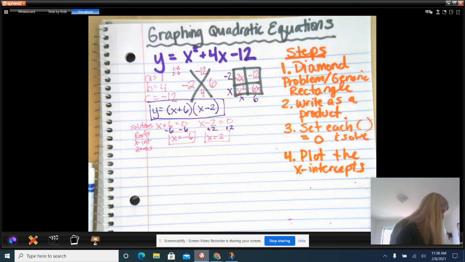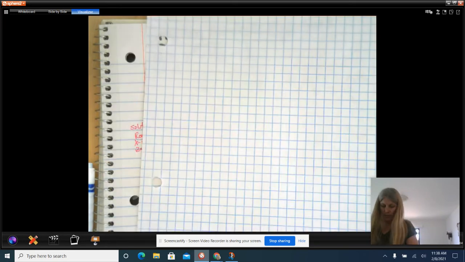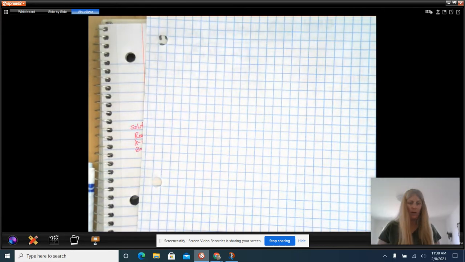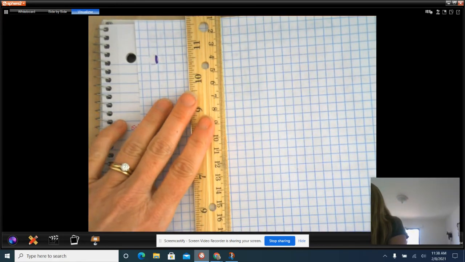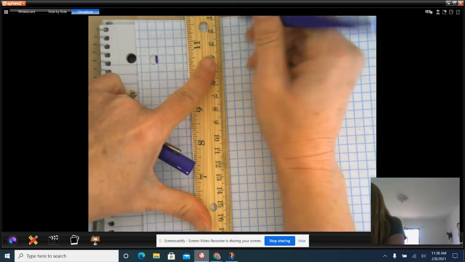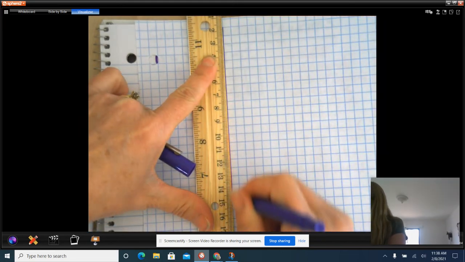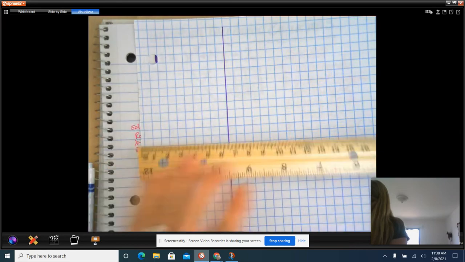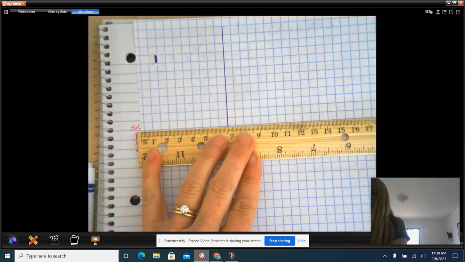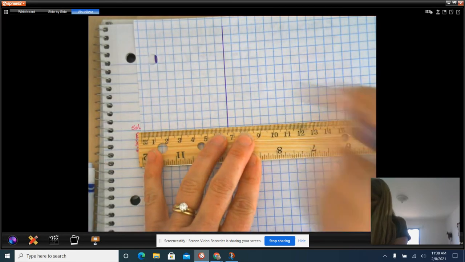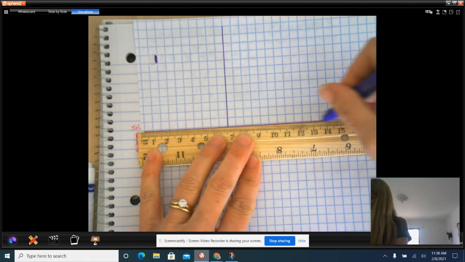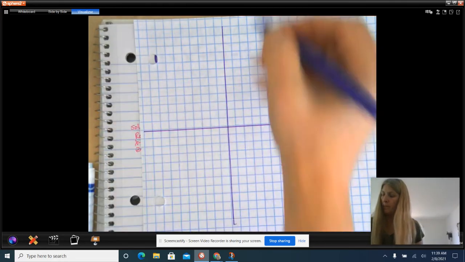So on your graph paper, using a ruler, of course, we're going to go ahead and make a coordinate grid. Make sure you're using a ruler as you're graphing.